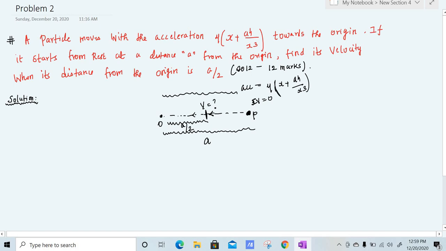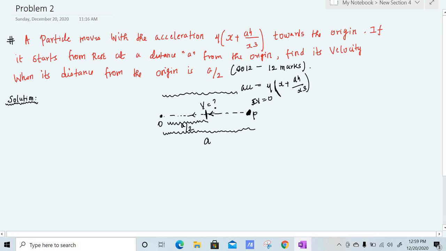So we will understand the question more deeply. The particle starts here and moves towards the origin with an acceleration of mu into x plus a power 4 by x cube. It starts from rest, so the initial velocity is 0, and the distance from the origin to the particle is a.